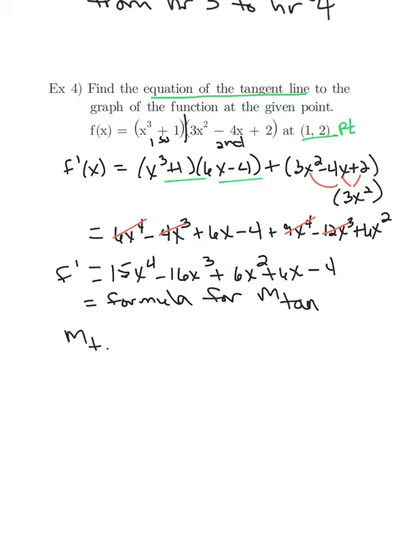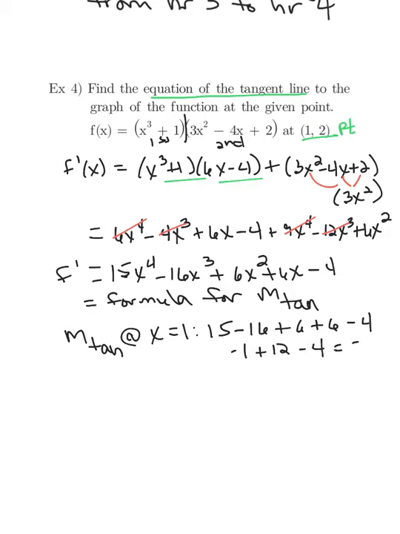So the slope of our tangent at x equals 1, if we put 1 into this, we will get 15 minus 16 plus 6 plus 6 minus 4. So we will get negative 1 plus 12 minus 4, which gives us 7. Now do the point-slope formula.